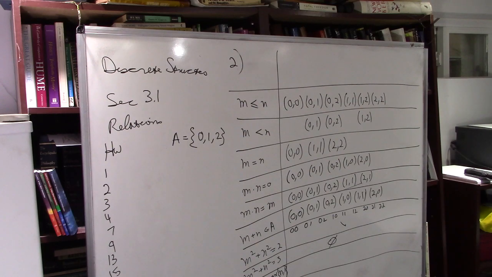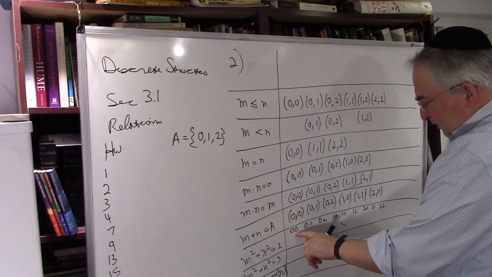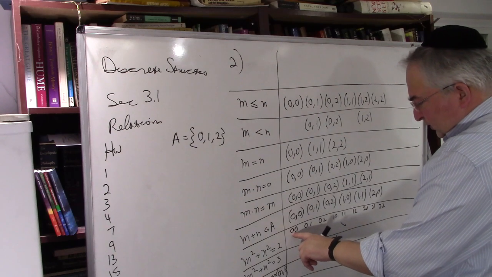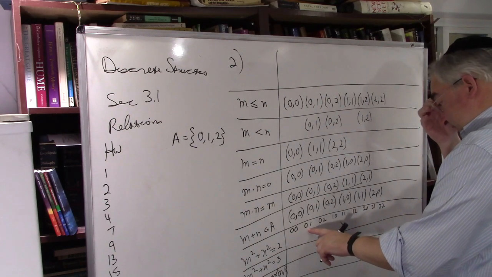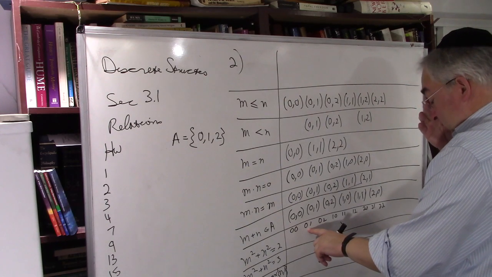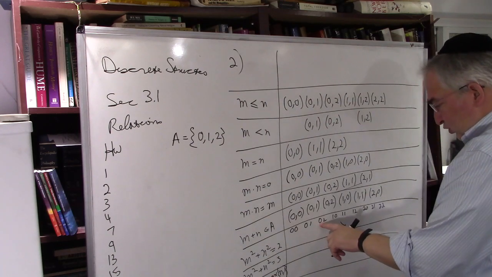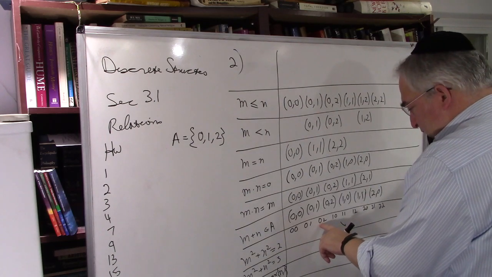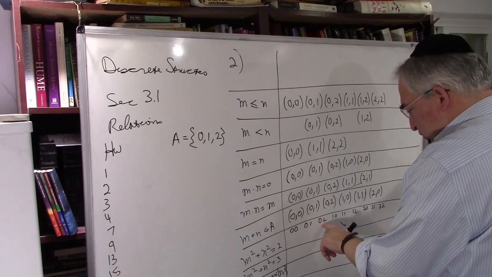So it says. Oh, that's hard. Okay. The max of 0 and 1 is equal to 0. No. The max of 2 and 1 is equal to 2.